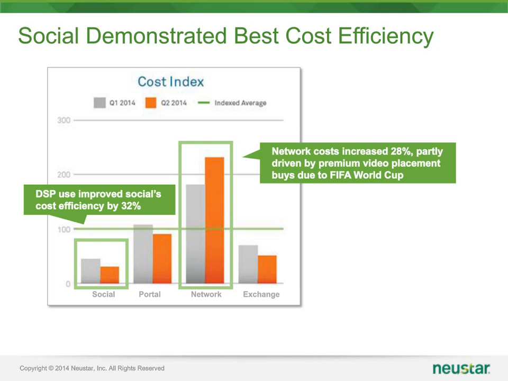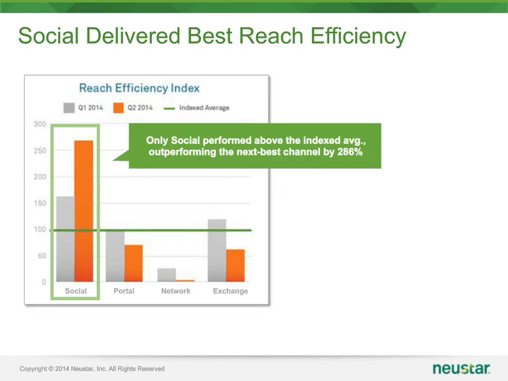The next index that we want to talk about today is the reach efficiency index. This index indicates which channels perform better or are more effective at delivering new and exclusive users that can only be found on those channels and no other channels.